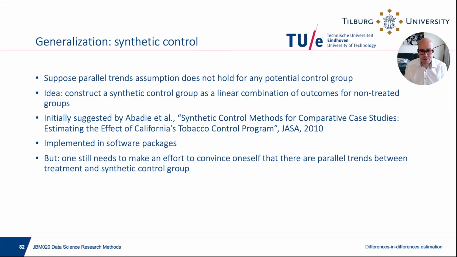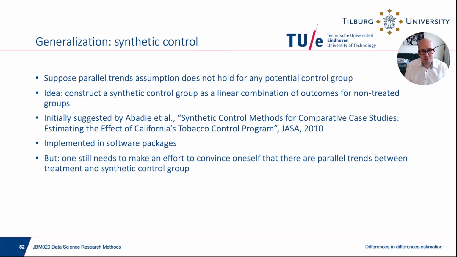What's the idea here? So let's say parallel trends don't hold. Okay, so you see directly in lots of pre-treatment data that this doesn't really hold. Still, what you can do then is to construct a synthetic, an artificial control group, simply as a linear combination of potential control groups, right?